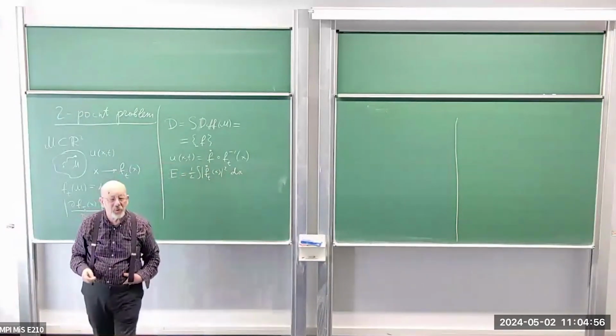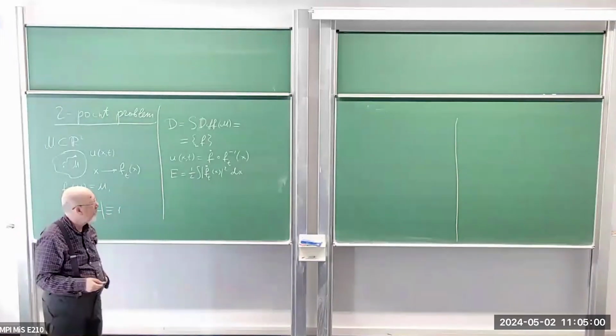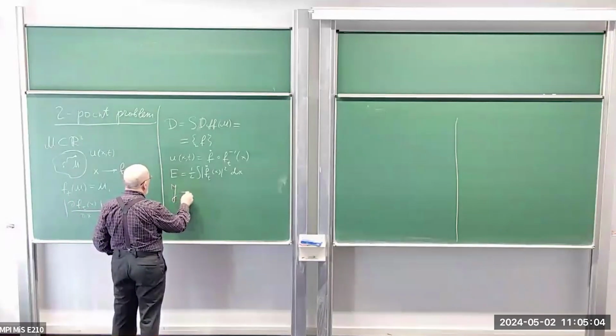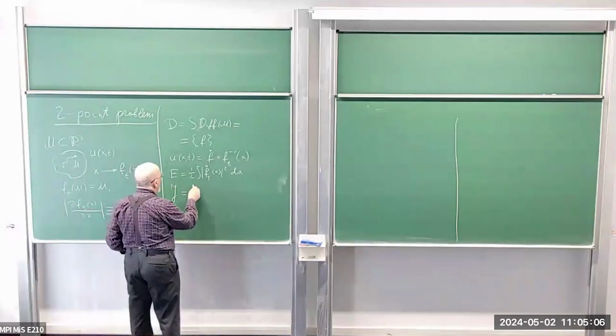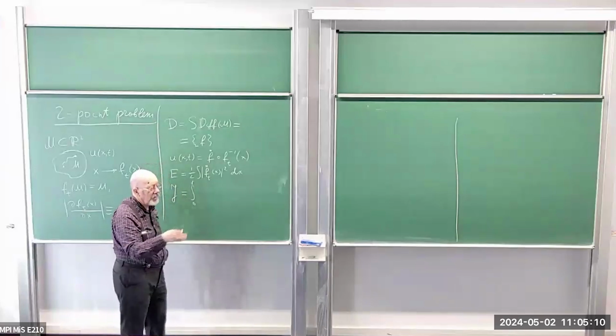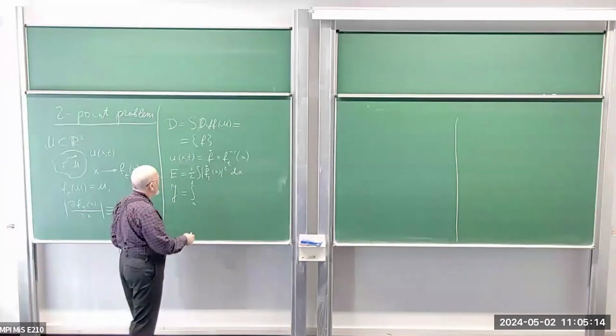And the energy is just the square of the L2 norm, with factor 1/2. The action is the integral from 0 to 1. All our motions are from t equals 0 to 1, for example.